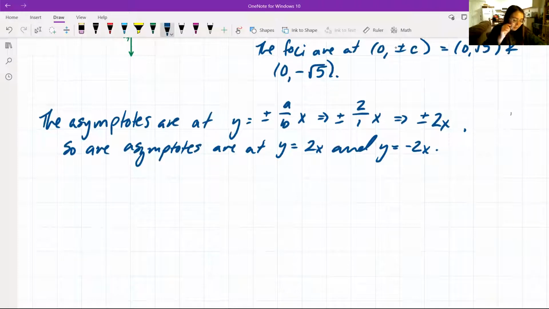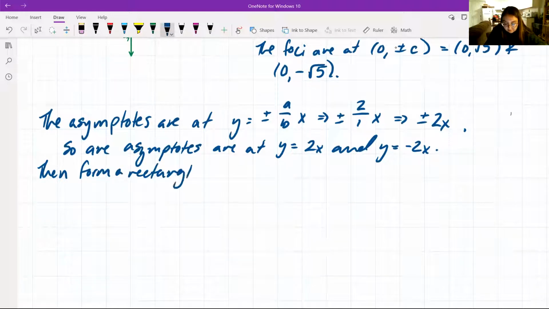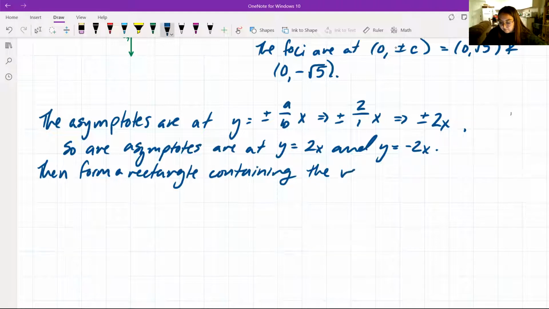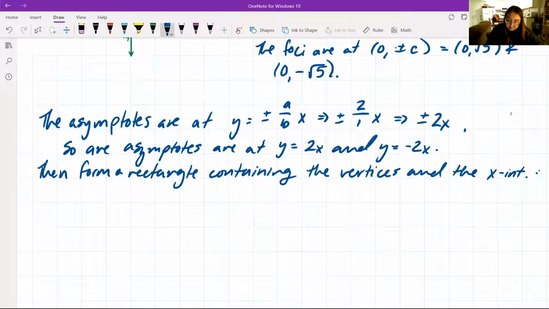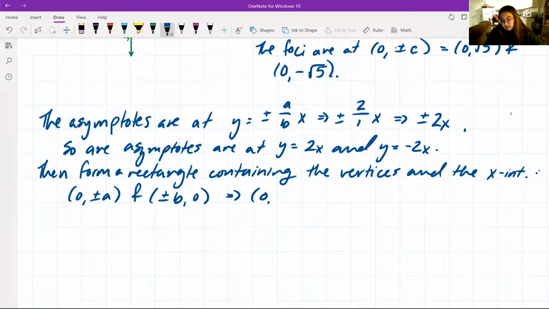Then if we want to form a rectangle containing the vertices and the intercepts, that means that we want to consider the points 0, comma, positive or negative values of a and positive or negative values of b, comma, 0, which means that we're considering 0, comma, positive or negative 2 and positive or negative 1, comma, 0.